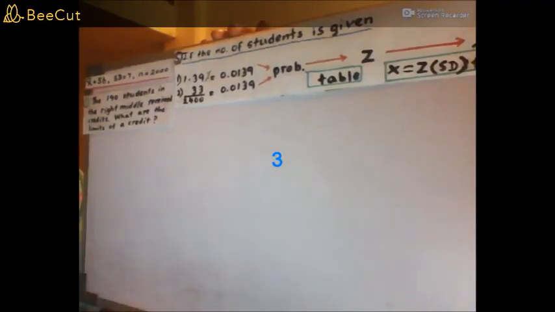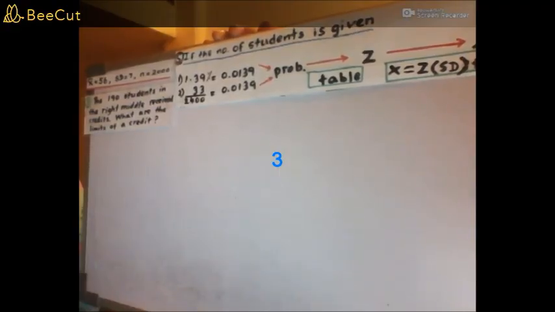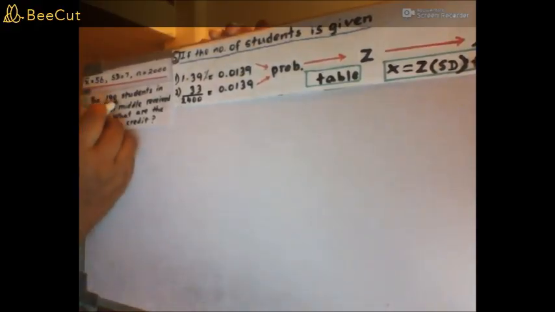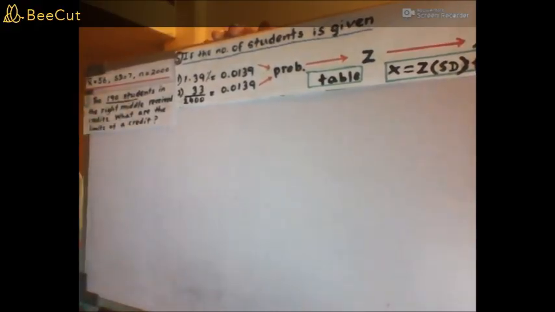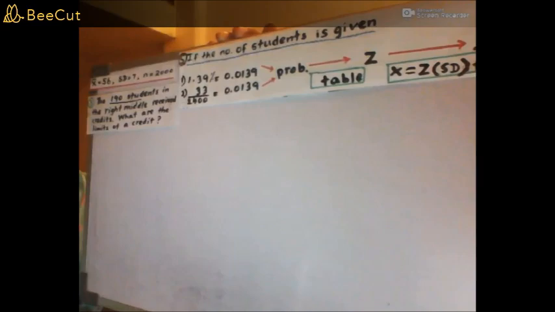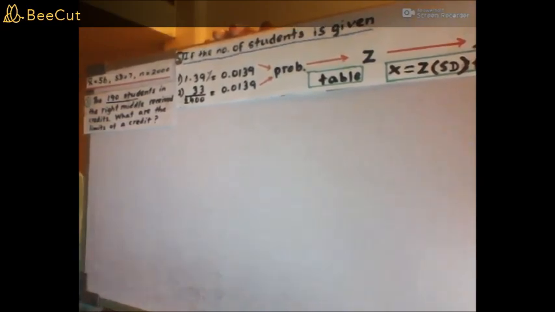Next one, question number 3. The 190 students, underline 190 students in the right middle, received credits. What are the limits of a credit pass? Right? So the number is given, but what's the condition?